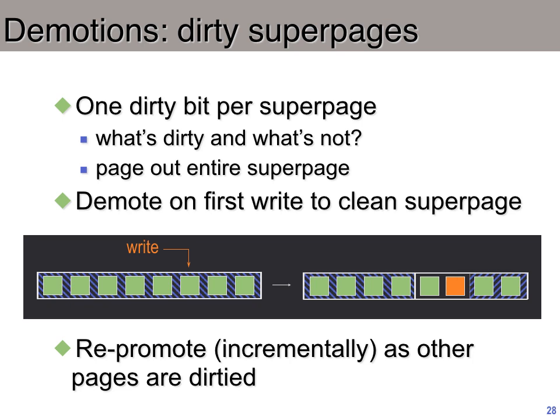What that does is, if an application tries to write to any part of the superpage, then that would trigger a write fault. And as a result of the write fault, the operating system can demote that superpage into corresponding base pages around the location of the write fault, and then we can re-execute the write operation on just that base page. This way, if we need to swap out the page, only the base page needs to be swapped out. We don't have to swap out the entire superpage.